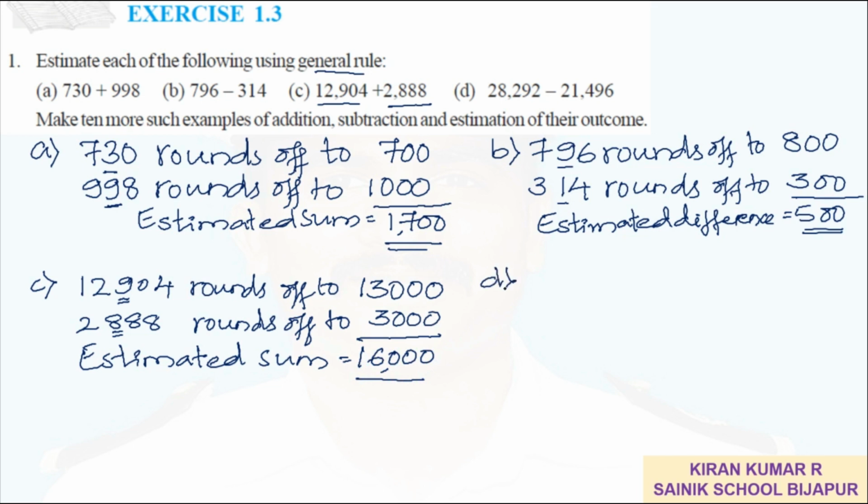Now the last one, D. Both these numbers, 28,292 as well as 21,496, are 5-digit numbers. So we have to round it off to thousands place. Let me highlight the thousands place. So 28,292, highlight this thousands place. And one more number is 21,496, highlight the thousands place.